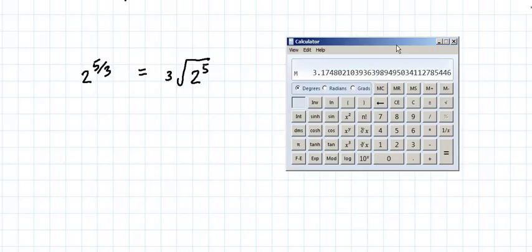What we'll now do is the same calculation in a different order. First of all, we'll take 2 to the power of 5. And that gives me 32. And then we will find the cube root of 32.